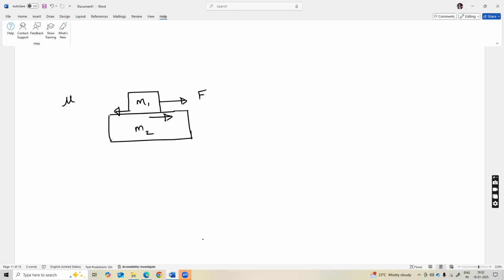Let's say you have a mass. Ideally, if this is the force, the weight of m1 acting downward is m1g, and m1g is the normal reaction. So the limiting frictional force will become mu into m1g.